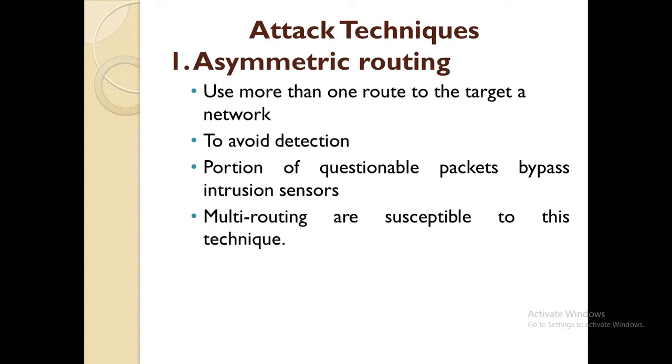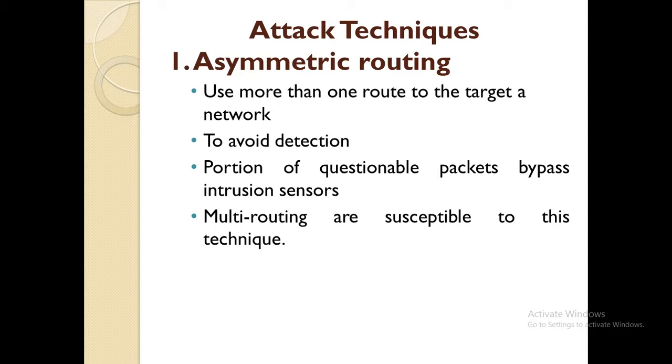Now there are different types of attacks related to intrusions. The first one is asymmetric routing. Normally, whenever a hacker wants to access our system, instead of going through the route specified through the IDS and firewall to our network, he may use some bypass technique so that our IDS can be bypassed and he may enter into our system.